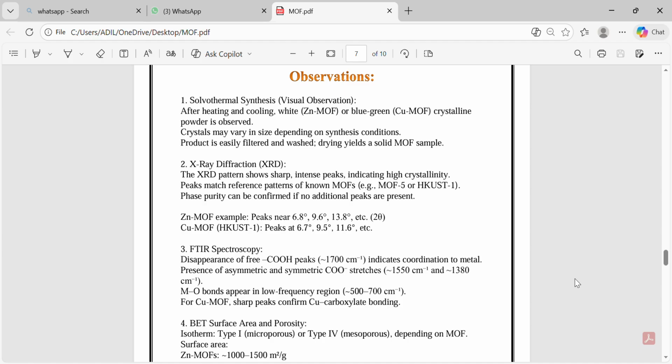The fourth one is the BET surface area and porosity. MOFs usually give a type 1 or type 4 adsorption curve, meaning they are micro- or mesoporous. Typical surface area: zinc MOFs have 1000 to 1500 square meters per gram.